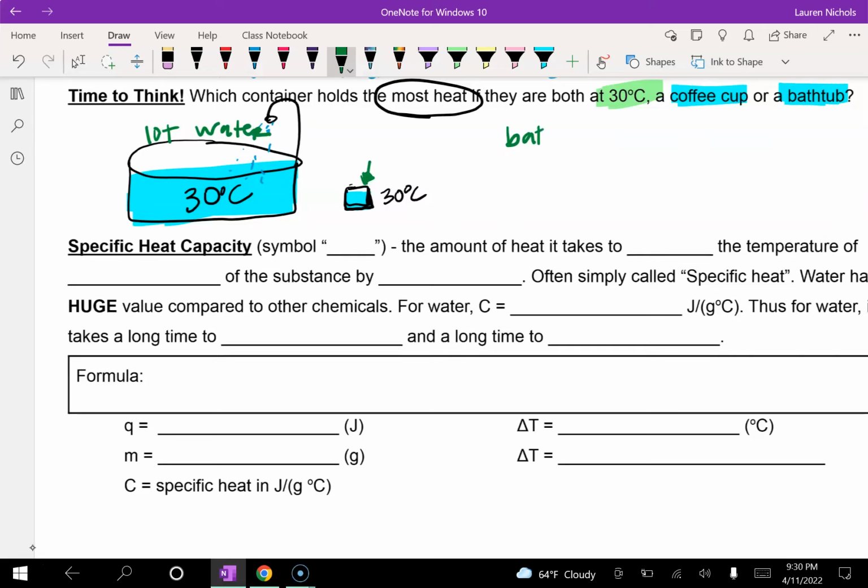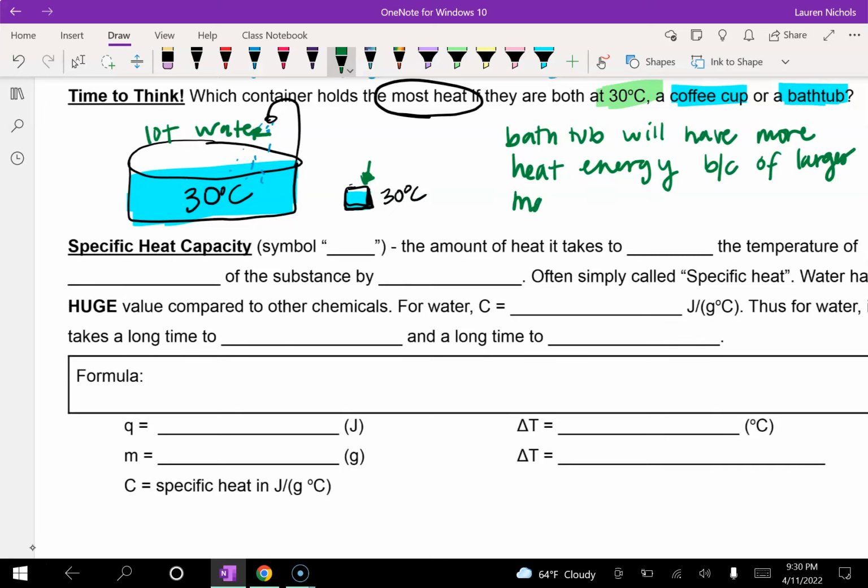So the bathtub will have more heat energy in it because of the larger mass. Because it has a larger mass in grams of water, it will have more heat energy, because you have to put a lot more in to get it to 30 degrees.